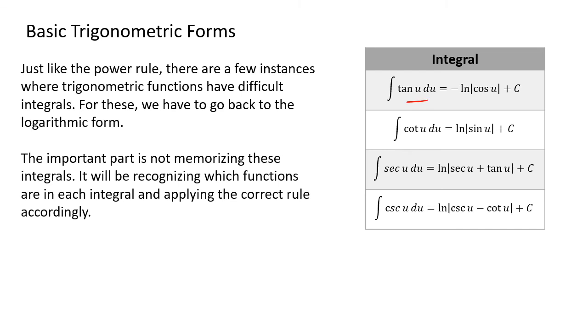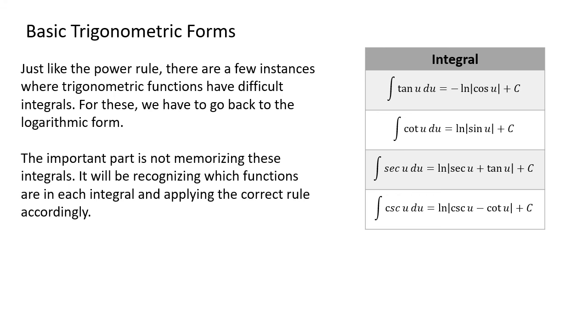The first one is the integral of tangent and the inverse, which is cotangent, and then secant and cosecant of a function u. Using the substitution method is the same in that we use whatever is within the trigonometric functions as our value for u. But just know that instead we're going to have the ln of these functions as the integral. If it's tangent, it's the negative ln of cosine of u.